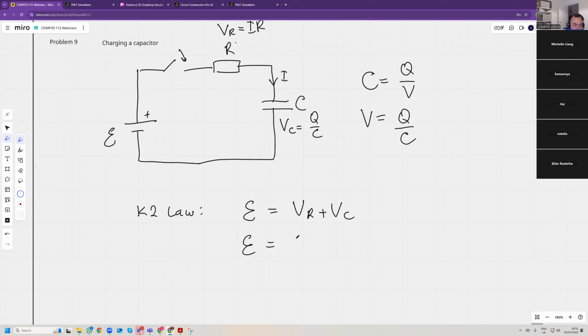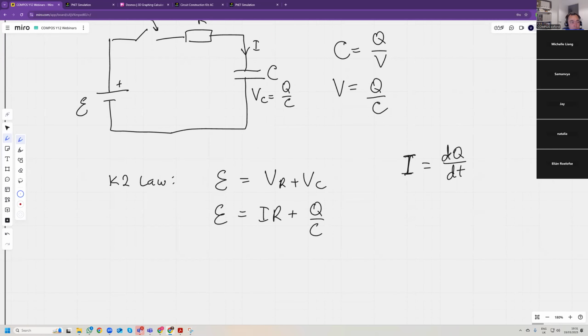EMF is equal to IR plus Q over C. But then I remember that the current is dQ over dt, the rate of change of charge. So I plug that into here. EMF is dQ/dt times R plus Q over C.